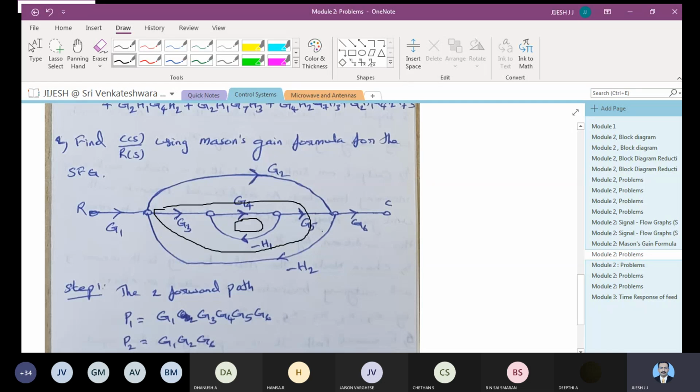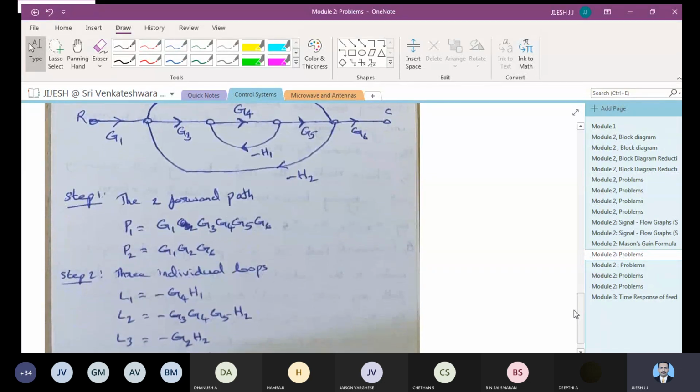This is the loop. Why so much confusion? It is very straightforward and clear. Minus G2 and H2. So you should be very careful while identifying the loops. So L1 is minus G4 H1, L2 is minus G3 G4 G5 H2, and L3 is minus G2 H2.